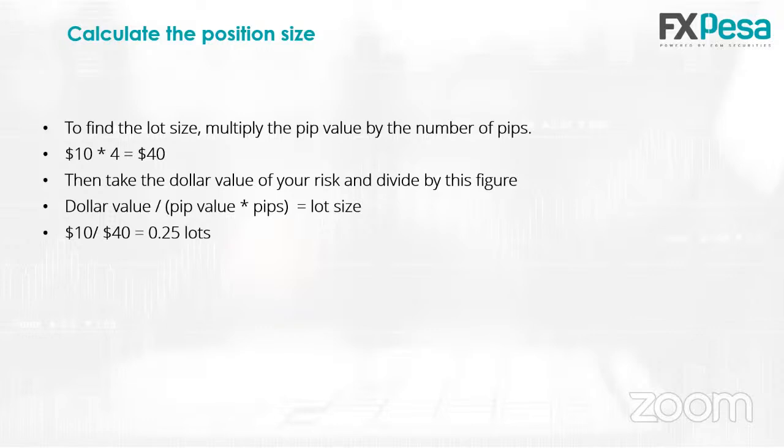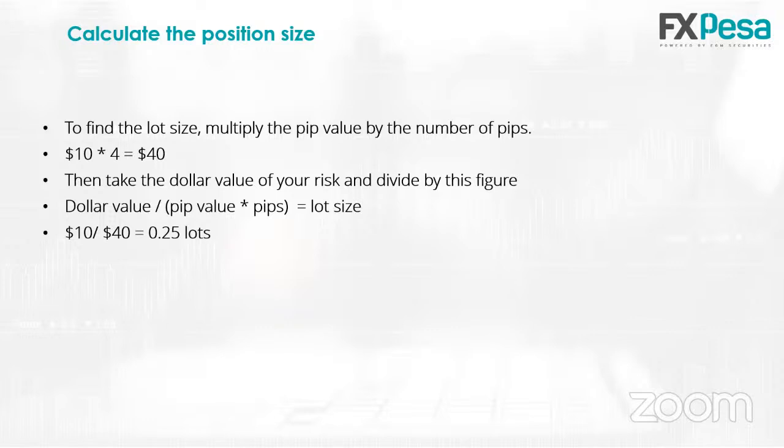When it comes to the lot size, the position size calculator cannot help you estimate the amount of lots from the dollar risk amount, the pip value and the stop loss distance.